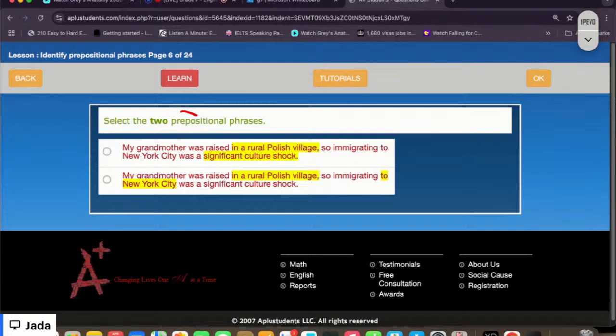My grandmother was raised in a rural Polish village. So immigrating to New York City was a significant culture shock. First or second?